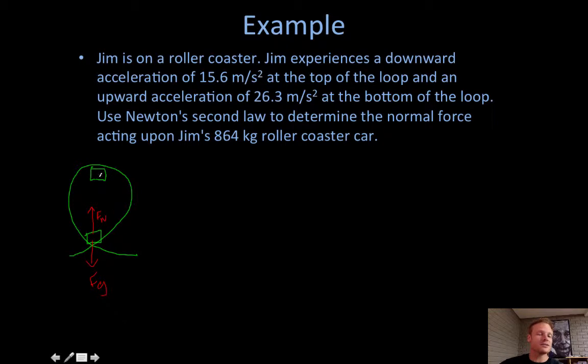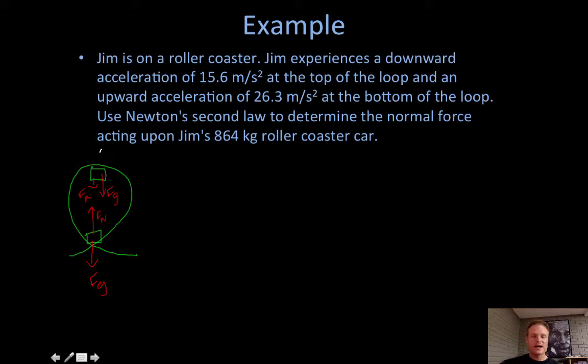Whereas here at the top of the loop, you have the force of gravity pointing down, and you actually have the normal force pointing down. The reason why is because it's perpendicular to the direction of the track. The track can't physically pull your car up, unless it has hands or something crazy. So the normal force is always going to be perpendicular to the surface that it's on.